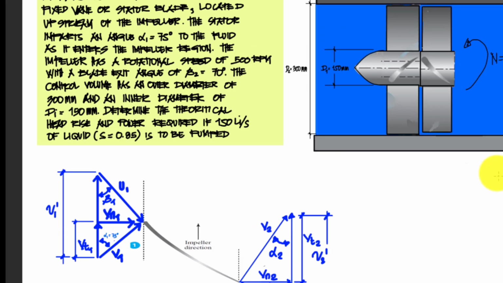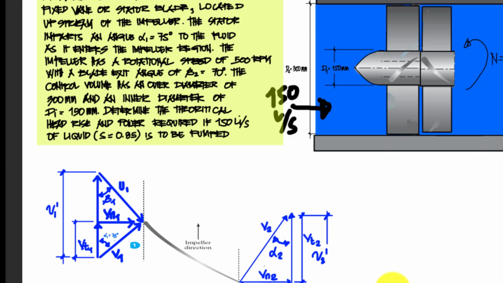Okay. And control volume, so we have the outside diameter, which is 300 mm, and an inner diameter, which is 150 mm. Okay, so we need to determine the theoretical head rise where the volume flow rate, so this is the flowing here. So we have the volume flow rate, which is a value of 150 liters per second.